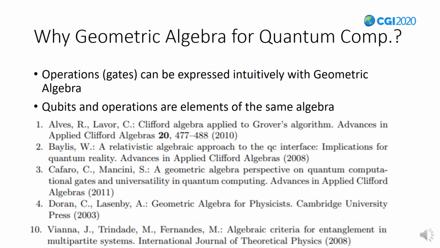For instance, the papers of Alves and Lavor, of Baylis, of Cafaro and Mancini, also Chris Doran and Anthony Lasenby in their book from 2003 describe quantum computing based on geometric algebra, and also in the paper of Vienna from 2008, there is a focus on this big advantage of geometric algebra for quantum computing.